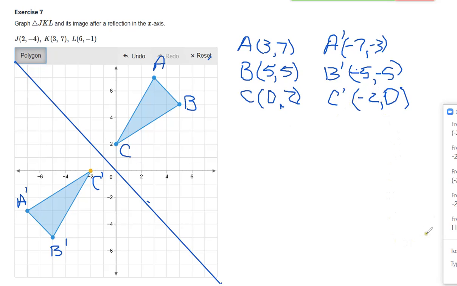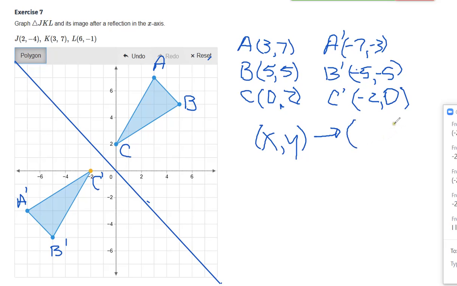Now, there is a rule we could make in general for x, y, for when we're doing this transformation. See how 3, 7 became -7, -3? 5, 5 became -5, -5. 0, 2 became -2, 0.